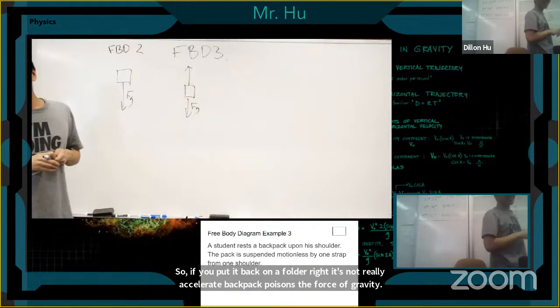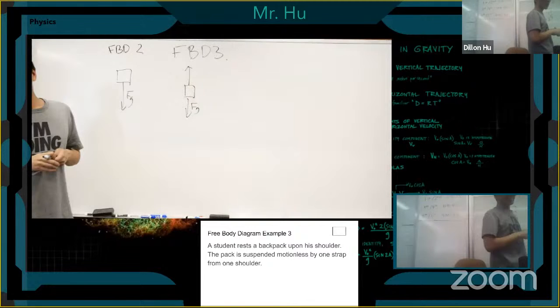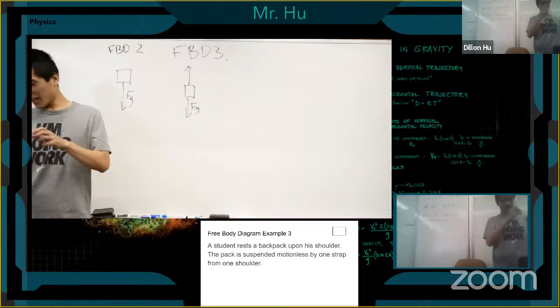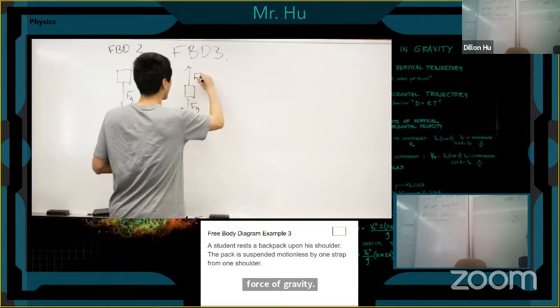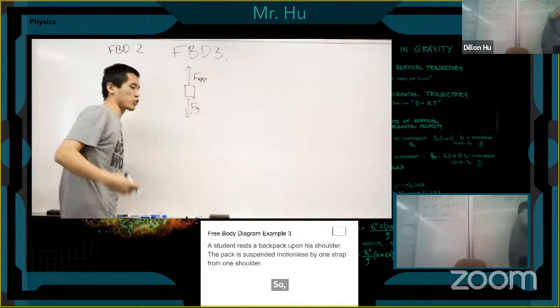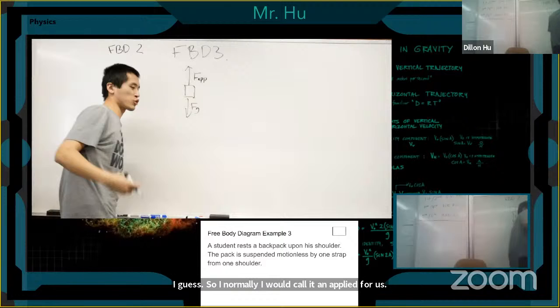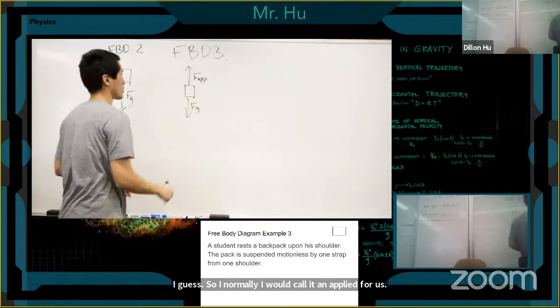I would call this an applied force. The strap is applying a force to keep the backpack up, and that's equal and opposite to the force of gravity. So the net force here is 0.